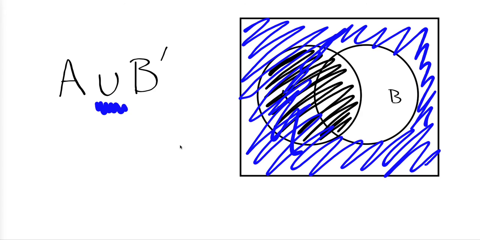Okay, Munir. Does the U mean I combine them, or I look at what they have in common? Backwards. So the upside down U would be to figure out what they have in common. The U means you put them together. So on this one, anything that is currently shaded is going to be the final answer.